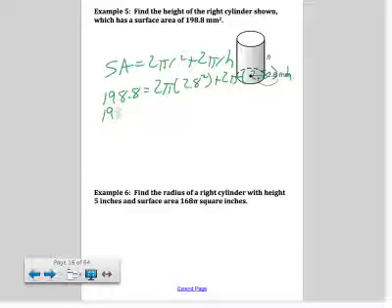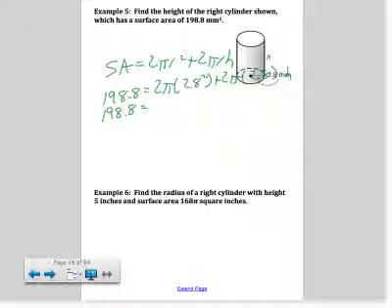So I have 198.8 equals, okay, so this is where a calculator is going to come in handy. I'm going to use 3.14 for pi, so I have 2.8 squared times 3.14 times 2.